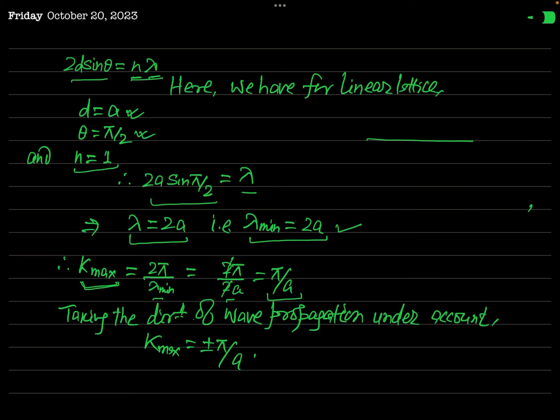But as you know, the wave can propagate in both positive and negative directions. So taking the direction of propagation of the wave into account, we can say that this k max is equal to plus minus pi over a. So in this way you can see that if Bragg's condition is satisfied, then k max is equal to plus minus pi over a.